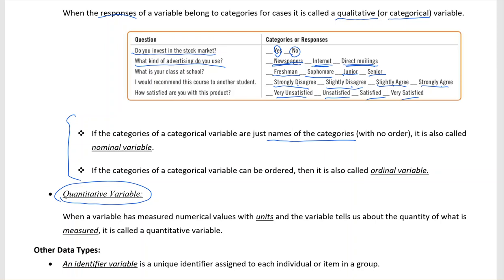So let's look at this definition. First, it says if the categories of a categorical variable are just the names of the categories with no order, then we also call it a nominal variable. Alright, so let's think about these five examples.